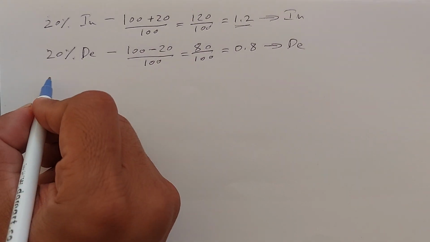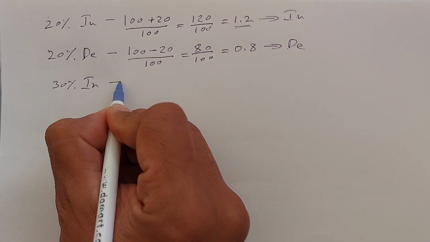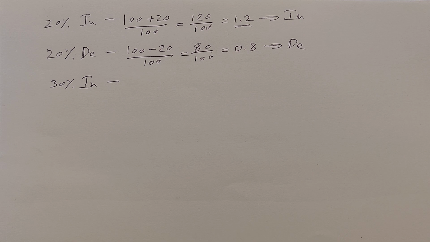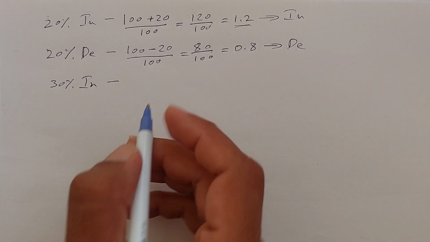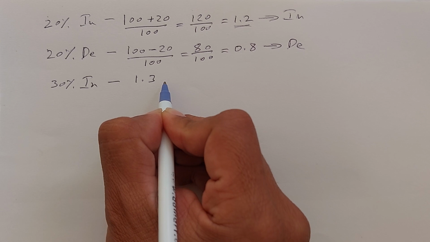Now, let's quickly work that way, like a 30% increase multiplier. Can you find out the 30% increase multiplier? In your mind, it should be straight away 100 plus 30, that'll be 130. Now, 130 divided by 100 is 1.3 multiplier.